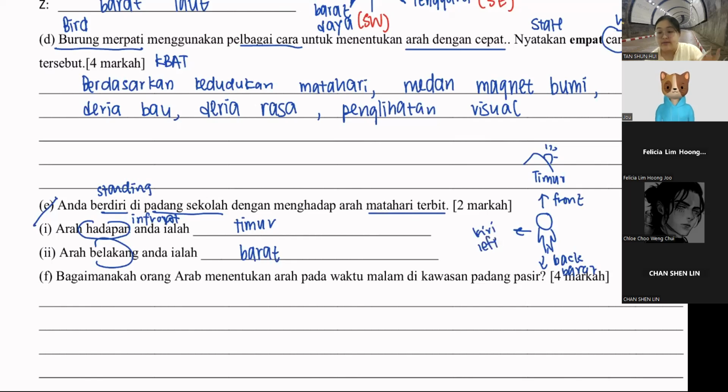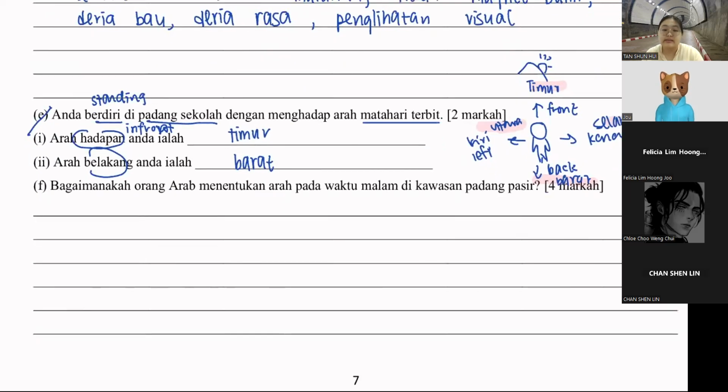What's the direction of the left? Utara, yes. And right, kanan, will be selatan. Okay, so if you can't imagine, just draw a stick man on the paper and draw it out. They will always follow the sequence: utara, timur, selatan, barat.